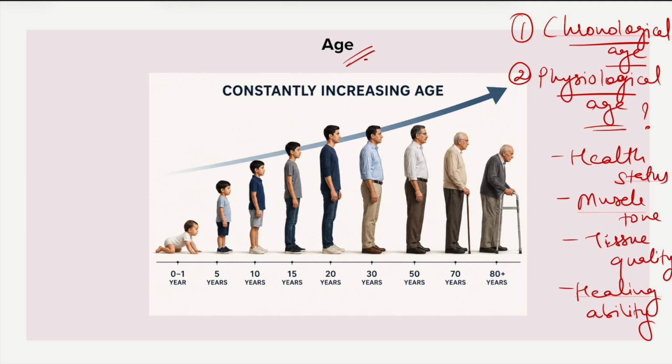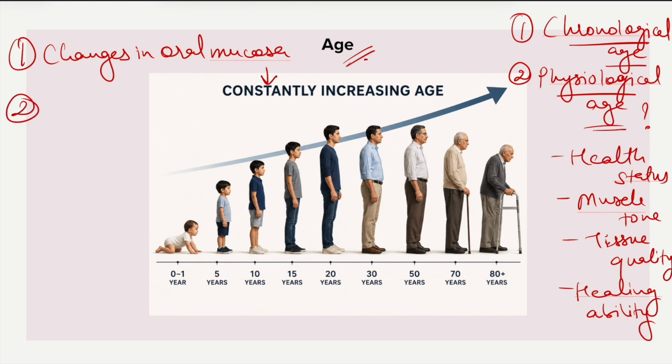Now, age-related changes affecting the complete denture treatment are, first, changes in the oral mucosa. With increasing age, epithelium becomes thinner, tissue elasticity decreases, and mucosa becomes more fragile. As a result, tissue injury occurs more easily and denture soreness may increase.